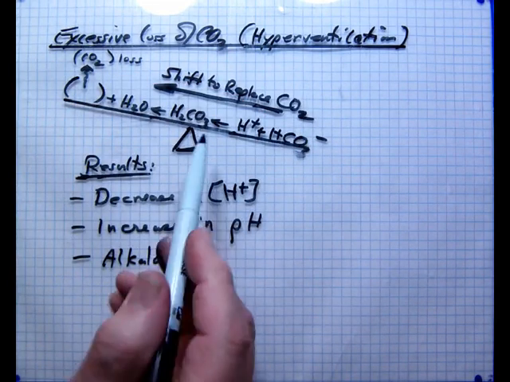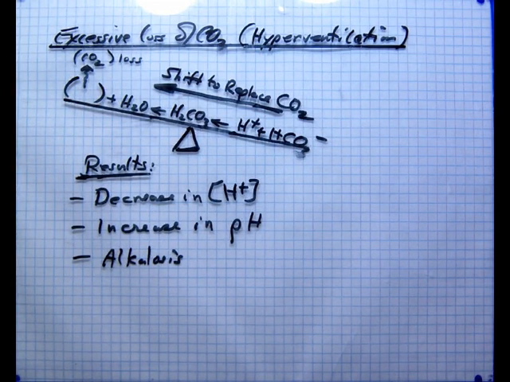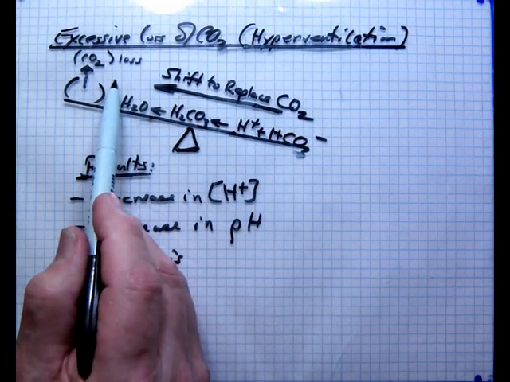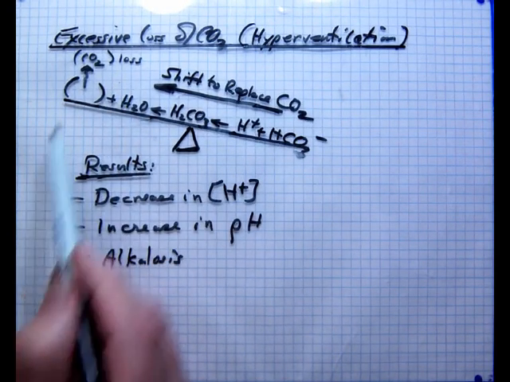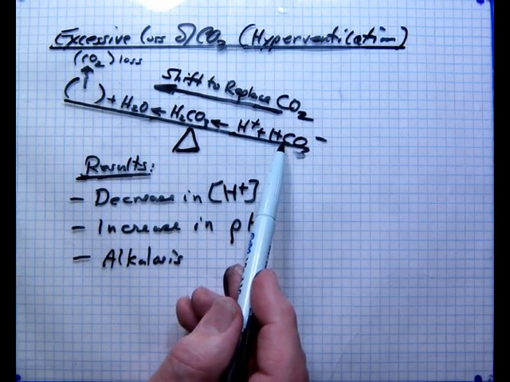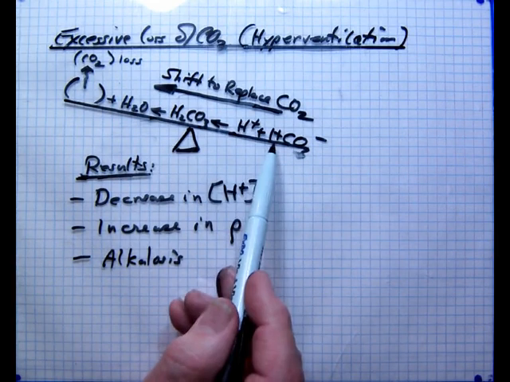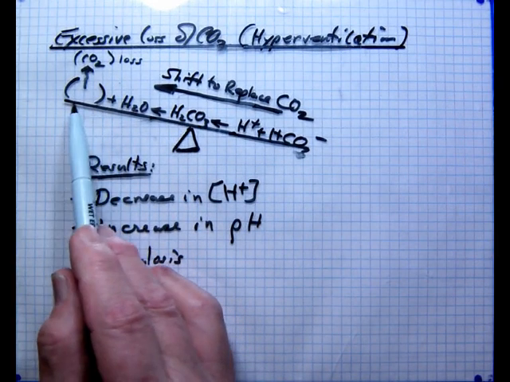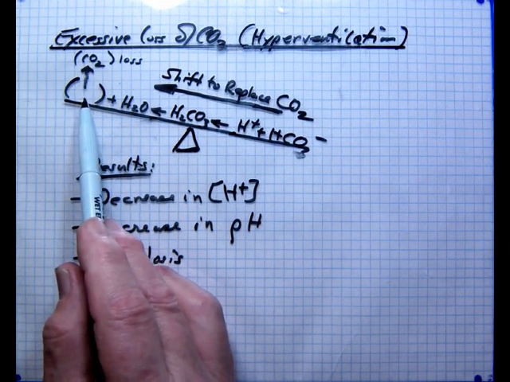So now the equilibrium has to reestablish itself. It's no longer at equilibrium. So now the process has to shift to replace the CO2. And as a result, you have hydronium ion and bicarbonate ion concentrations decreasing to make carbonic acid, which breaks down to replace the lost CO2.